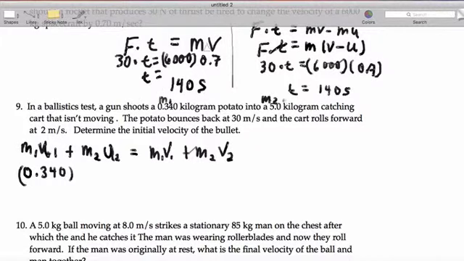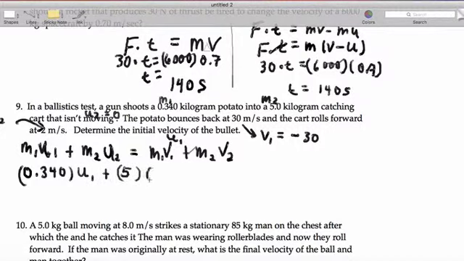This is m2. And the cart is not moving, so that tells us u2 equals 0. We were also told the potato bounces back at 30, so that tells us v1 is negative 30, whereas the cart v2 rolls forward at positive 2, and u1 is our unknown. I'm just carefully labeling each quantity.